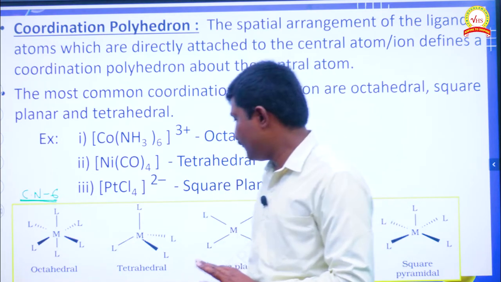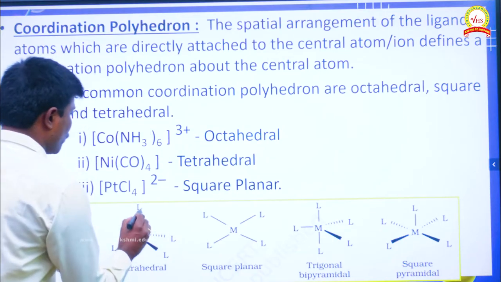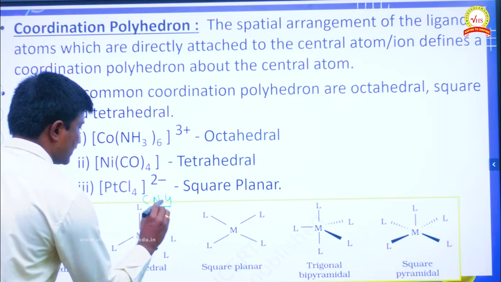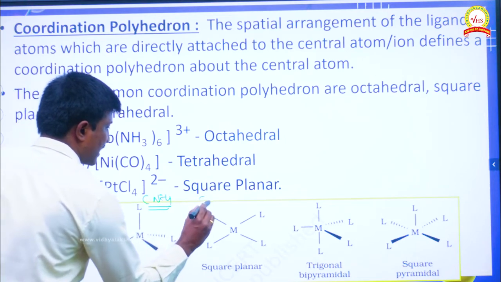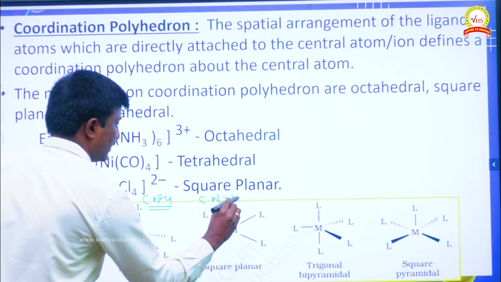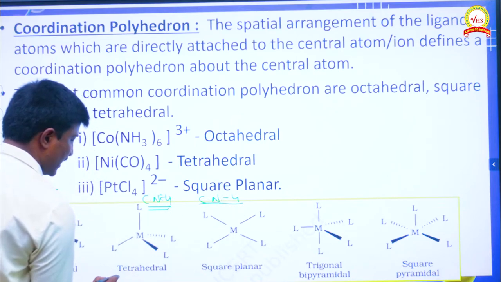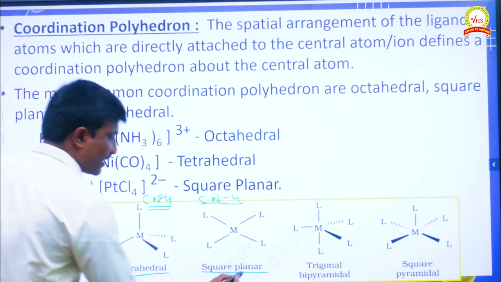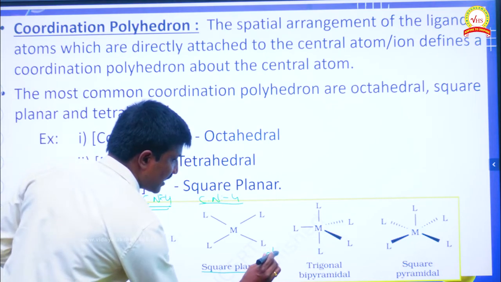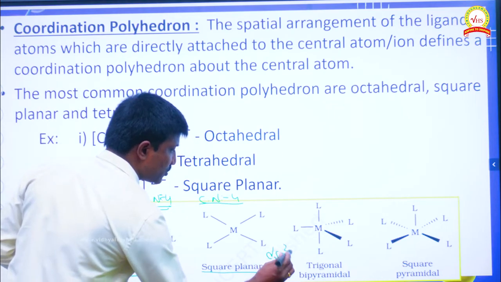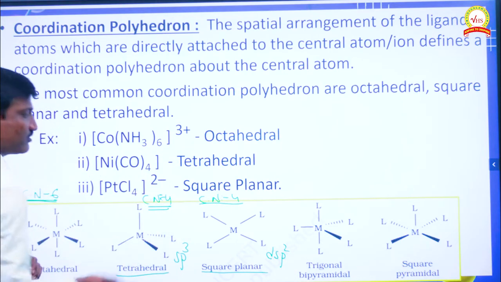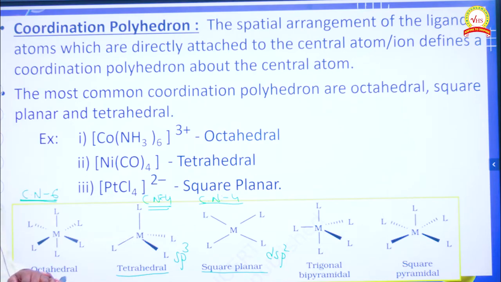If coordination number 4 is there, meaning the ligands around the central metal atom are 4, then they may arrange either tetrahedral or square planar. To give the square planar structure, the central metal atom should participate in dsp2 hybridization. To give the tetrahedral structure, it should participate in sp3 hybridization.